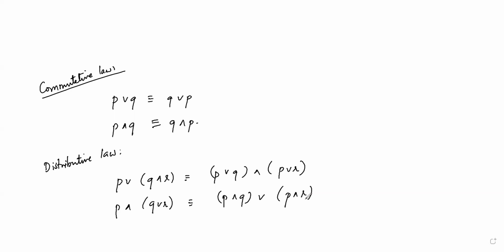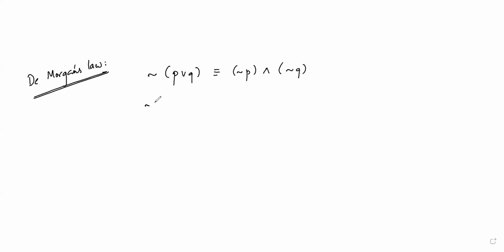Then another one, De Morgan's law. What is happening in De Morgan's law? Let us say negation of (P or Q) is equivalent to negation of P and negation of Q. Similarly, negation of (P and Q) is equivalent to negation of P or negation of Q.